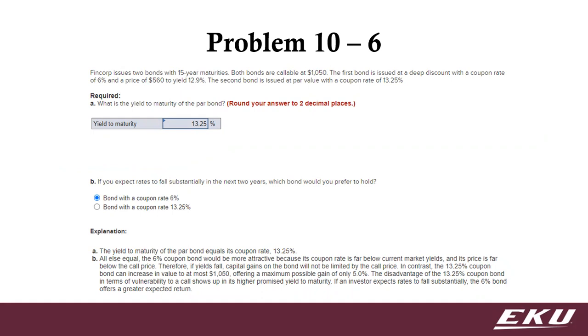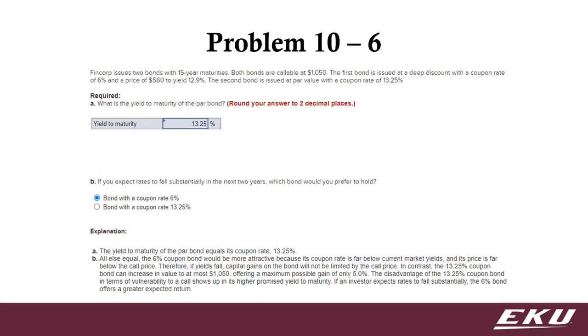Okay. This is one that gets into a little bit about the relationship between par and yields, right? If it is selling at par, the yield to maturity for the bond is going to be equal to the coupon rate, right? It's when the price diverges from par that you see the yield to maturity and coupon differ, right?